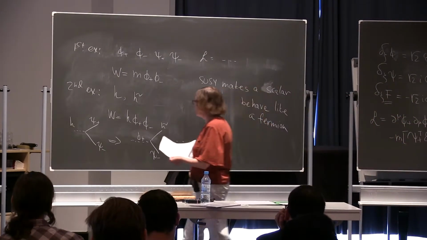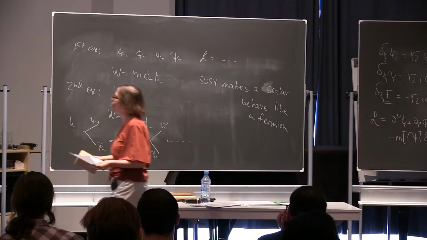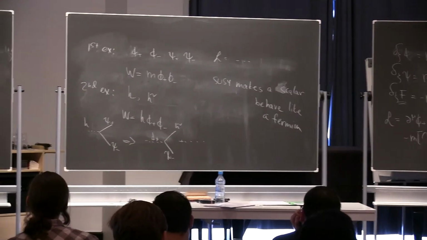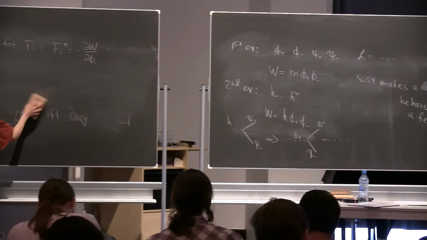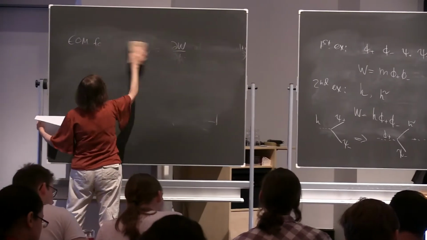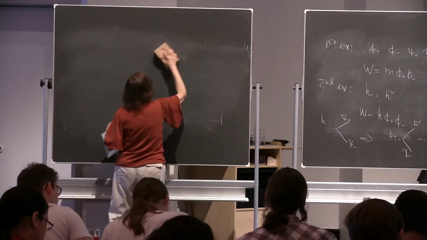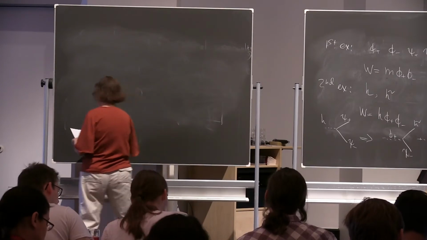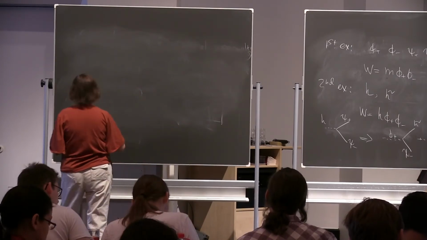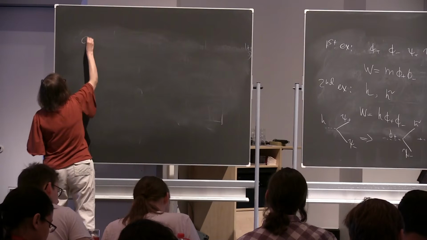Then we had another example that we showed, which was an example of a supersymmetry breaking theory, the O'Raifeartaigh model. So let me show you the Lagrangian for that.